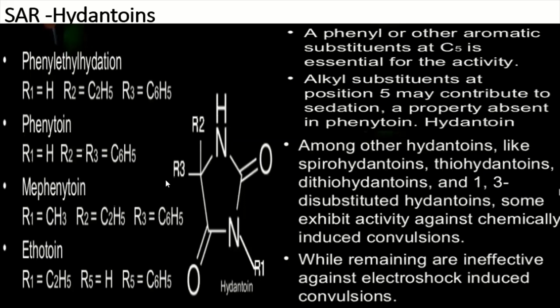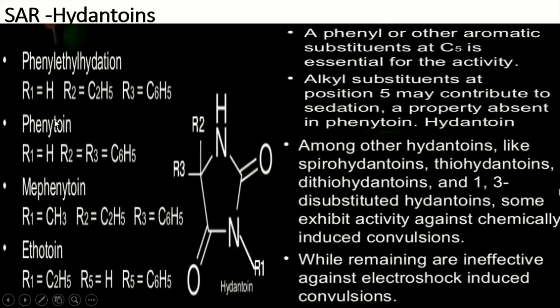This is the general structure of Hydantoin. This Hydantoin is nothing but imidazole, the basic ring; imidazolidinedione is Hydantoin. Based upon the substitution in the R1, R2 and R3 positions, you get the different Hydantoins. In our syllabus we have phenytoin, mephenetoin and ethotoin.